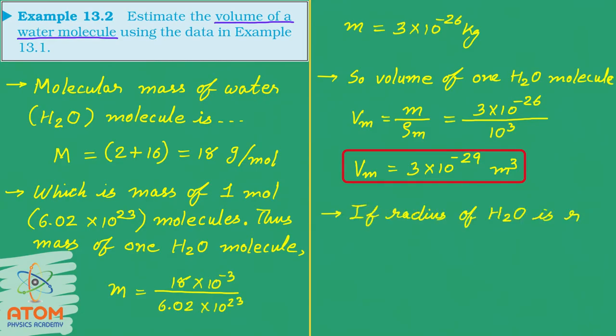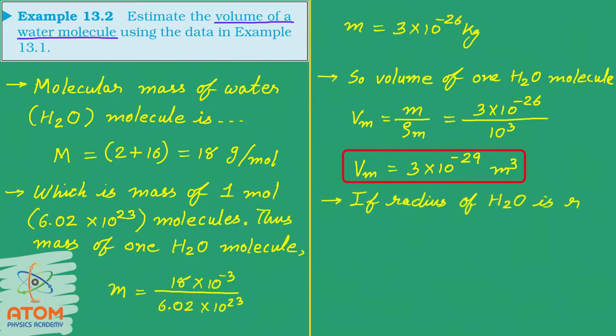Here we can also find out the radius of an H2O molecule. Suppose the radius of an H2O molecule is r, small r, okay. Now we can consider the molecule to be a sphere, and so the volume of this molecule Vm can now be written as 4 by 3 pi r cube, and this 4 by 3 pi r cube is 3 into 10 raised to minus 29, right?